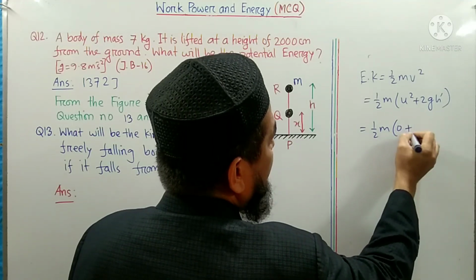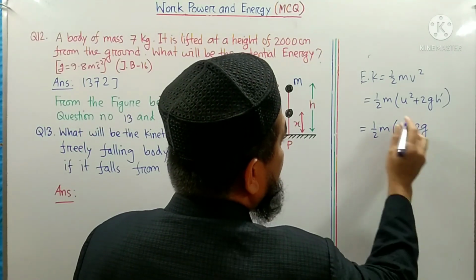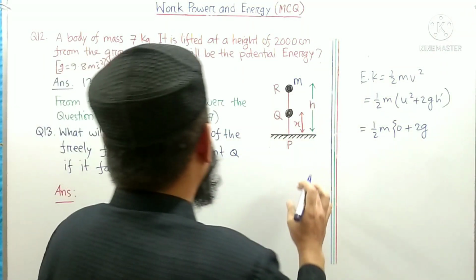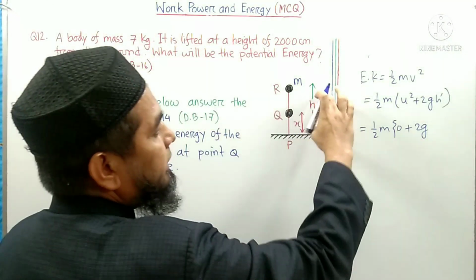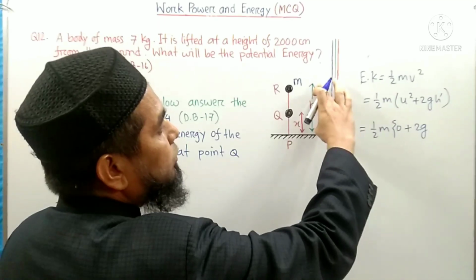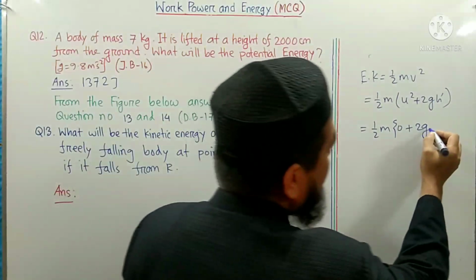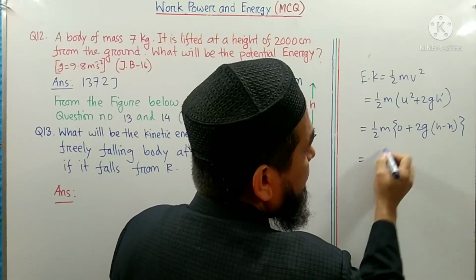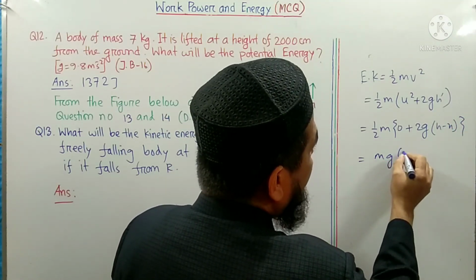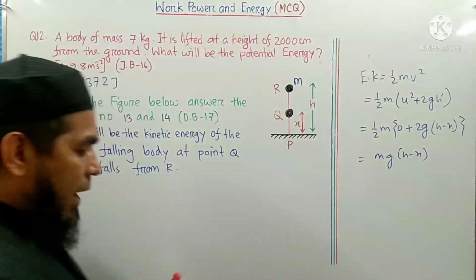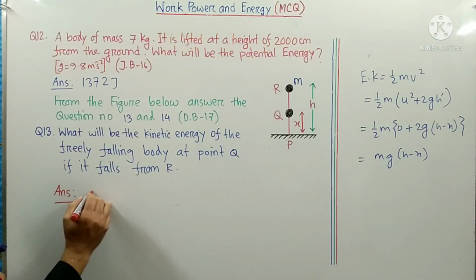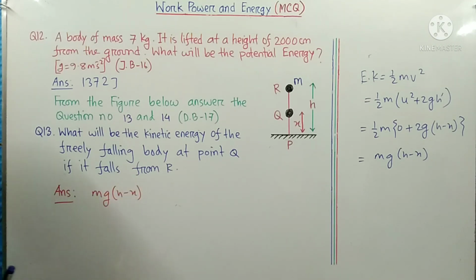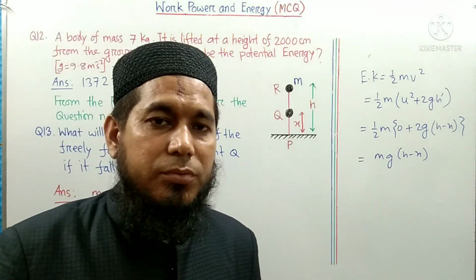Dear students, here h prime can be written, when at point Q, its distance will be total h minus x. So h prime will be h minus x. So 2 and 2 cancel, mg(h minus x). So our result is mg(h minus x). I hope you have understood.